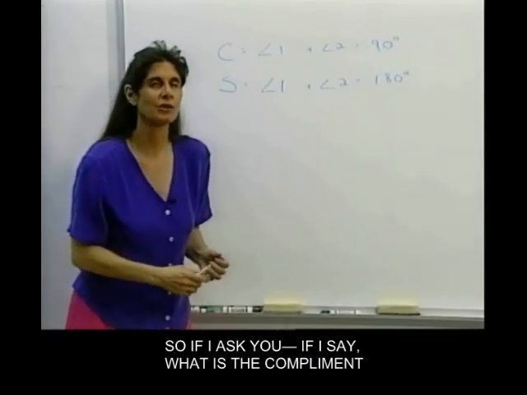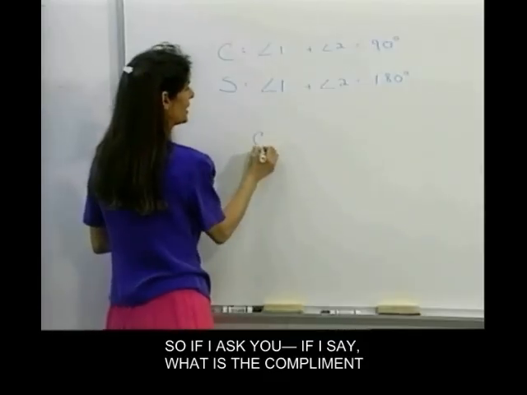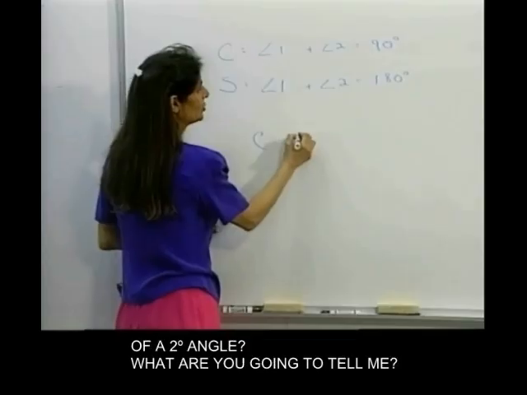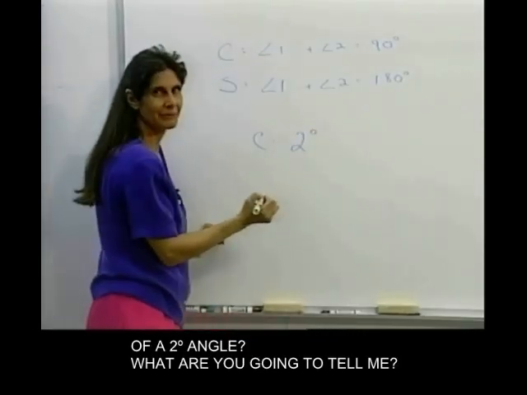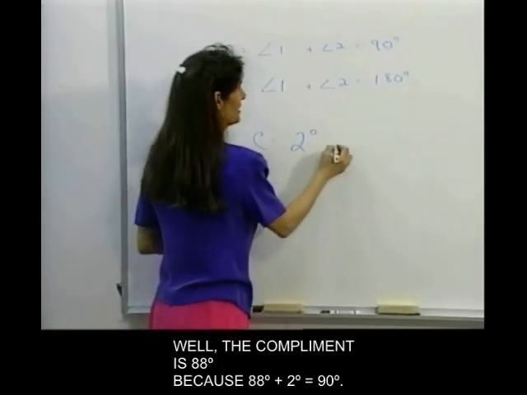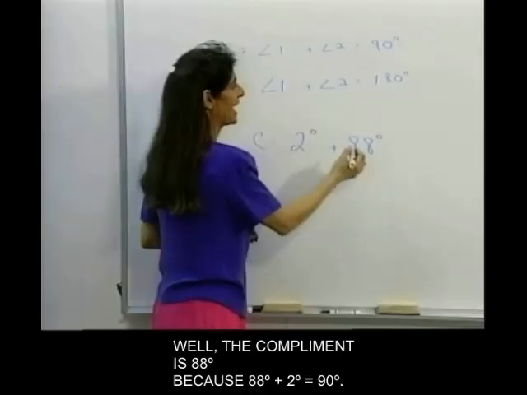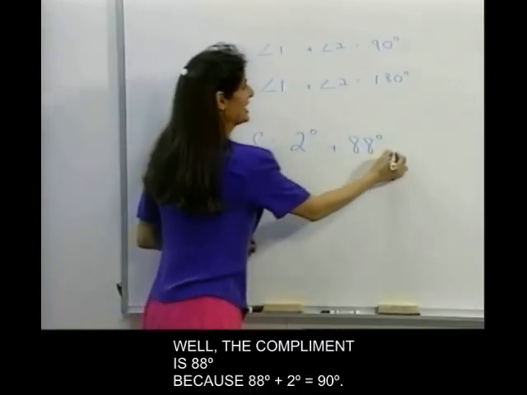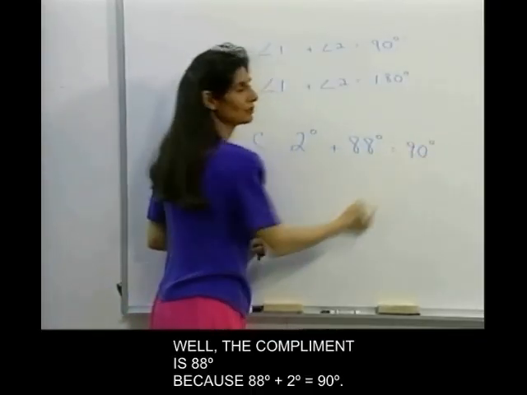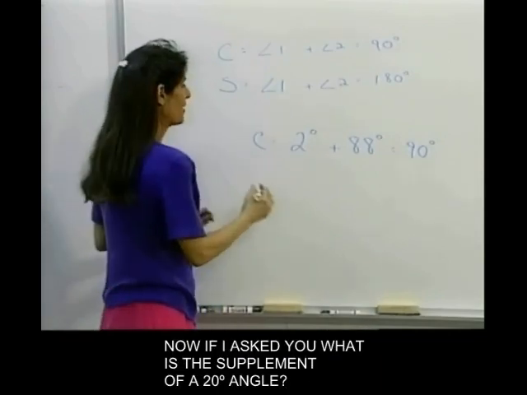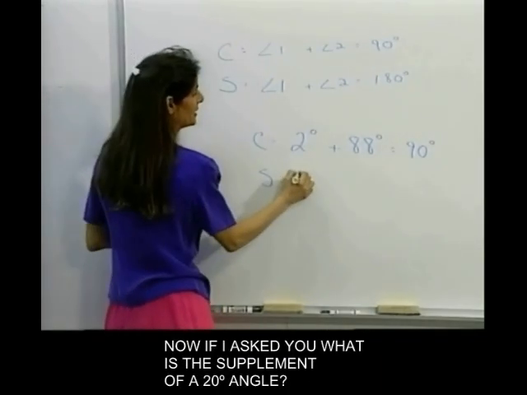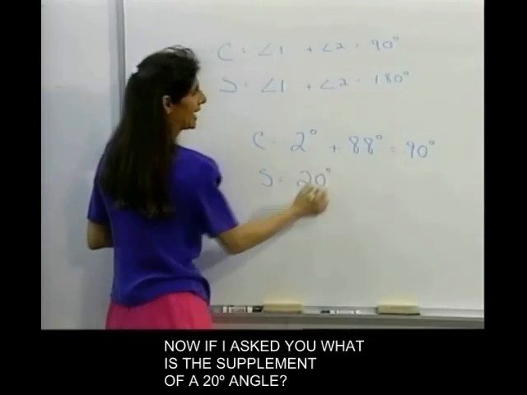So if I say, what is the complement of a 2-degree angle? What are you going to tell me? Well, the complement is 88 degrees, because 88 plus 2 equals 90 degrees. Now, if I asked you, what is the supplement of a 20-degree angle?